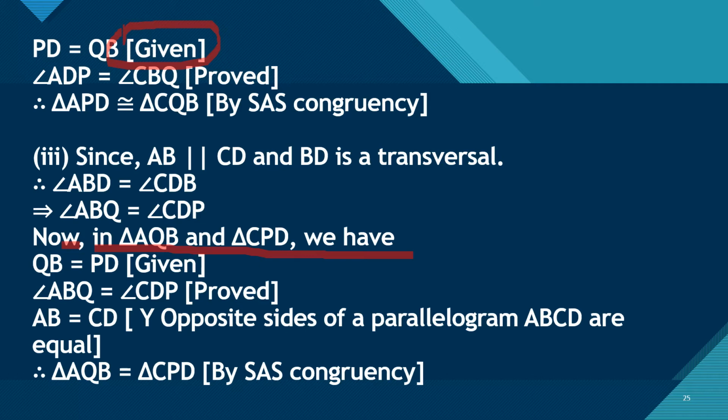So angle ABQ is equal to angle CDP, as proved. AB is equal to CD. Why? Because opposite sides of a parallelogram ABCD are equal. Therefore, triangle AQB is congruent to triangle CPD by the SAS congruence criteria.